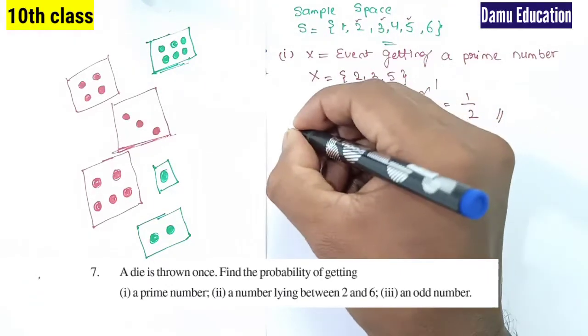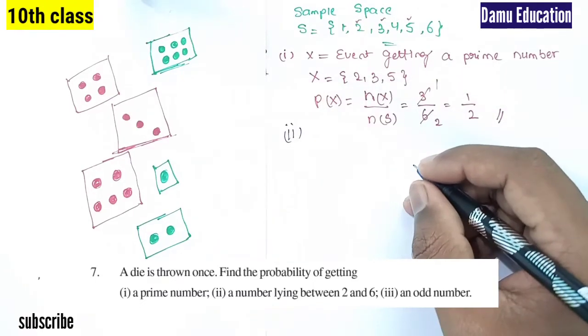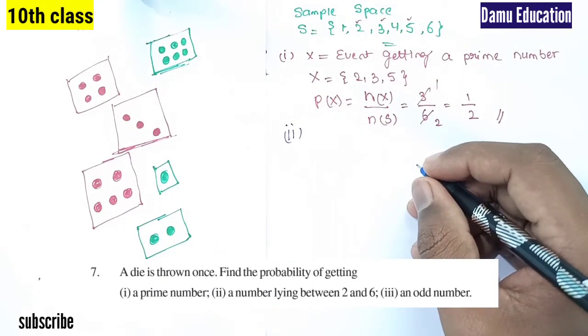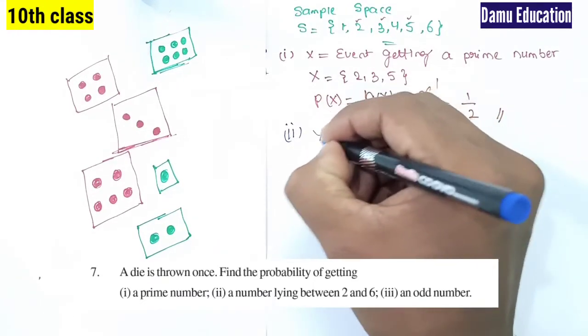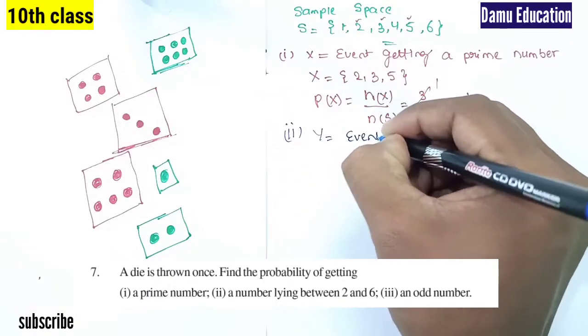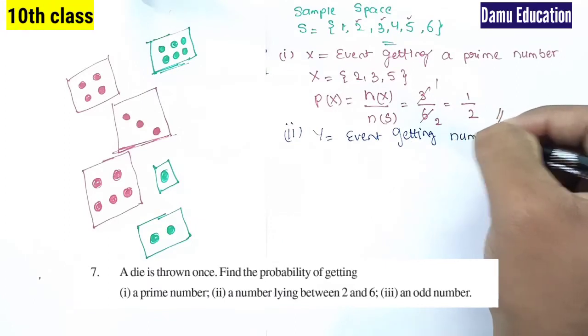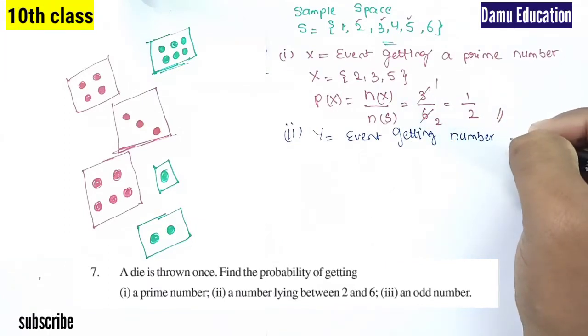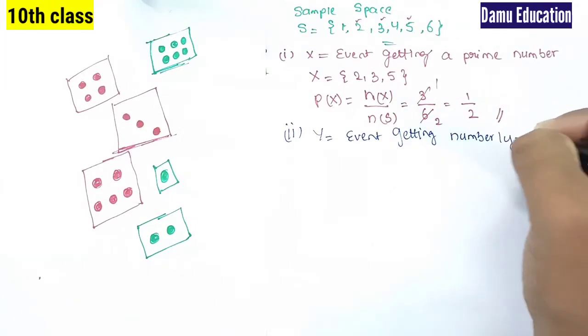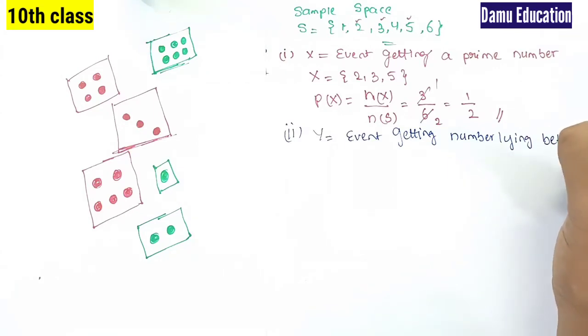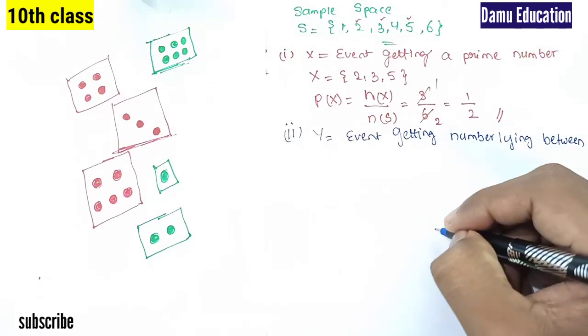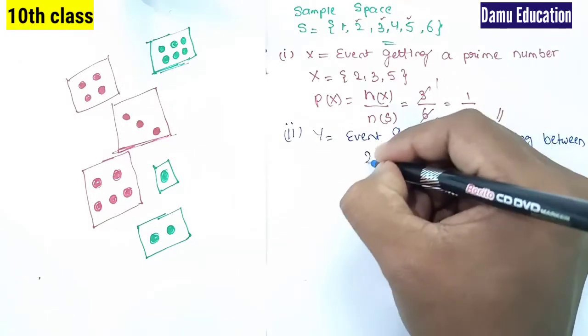Then what is the second one? The number lying between 2 and 6. Let Y be the event of getting a number lying between 2 and 6.